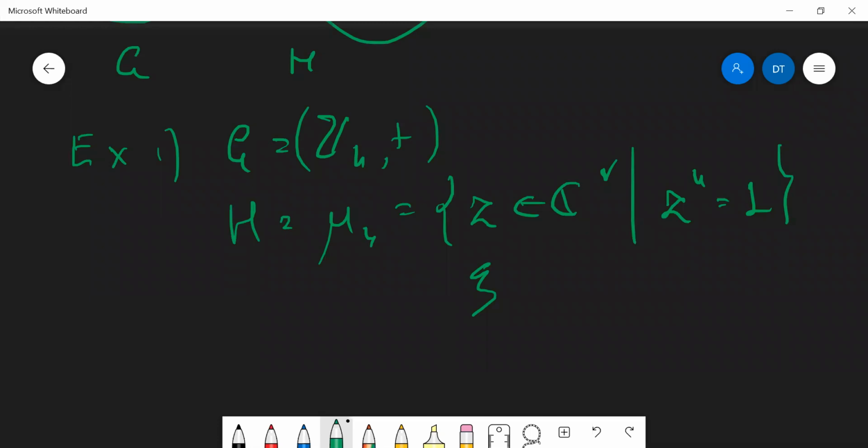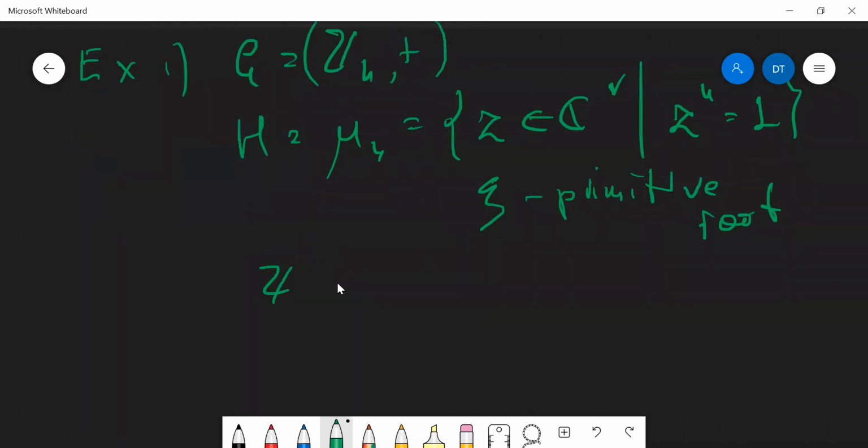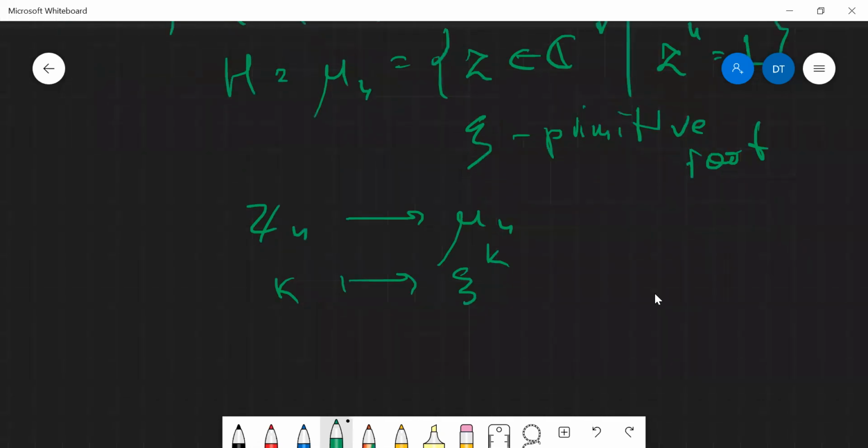So suppose that psi is a primitive root. I'm sorry for my handwriting. Then we can produce this map, which takes a remainder k to the kth power of the primitive root.